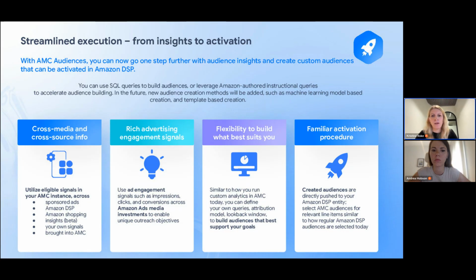So we can create custom audiences combining multiple signals, as Andrea explained before. We can use the signals from sponsored ads, Amazon DSP, Amazon Shopping, or even our own first-party data from the CRM, to reach the right people with the right message.